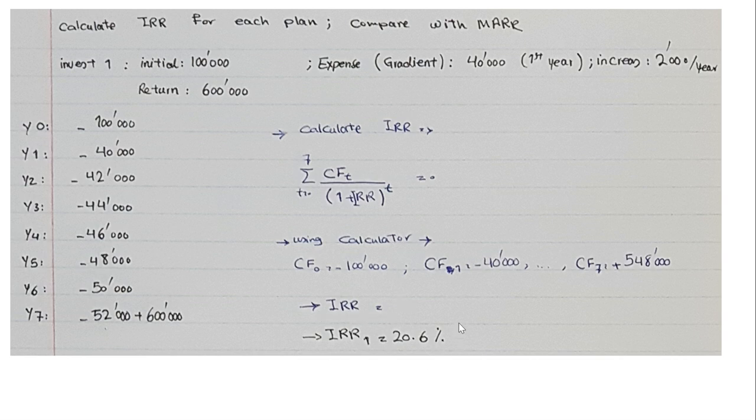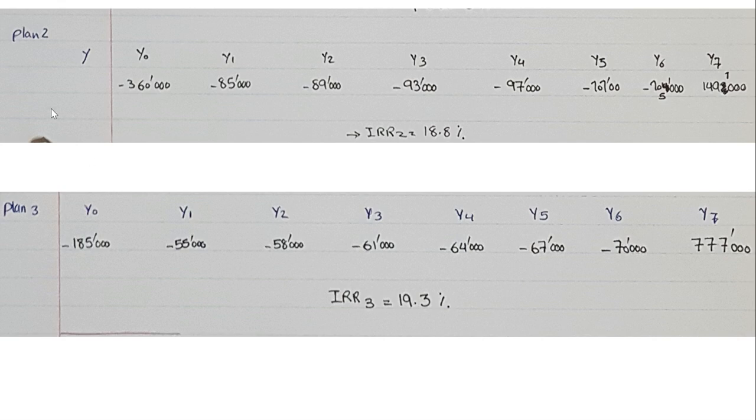The IRR here would be 20.6%. You can see it's easier if you use the calculator. If you do the same for plan number 2 and plan number 3, we'll see that the IRR is 18.8% for plan 2, and 19.3% for plan number 3. So we choose the one which has the higher rate compared to the minimum attractive rate of return.